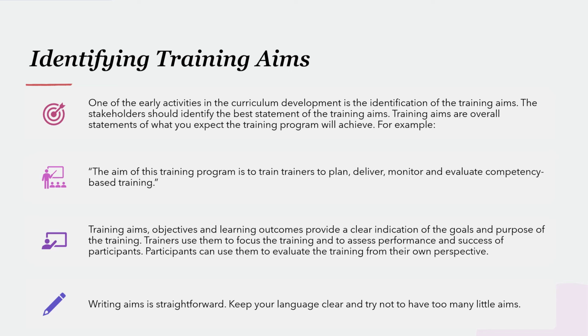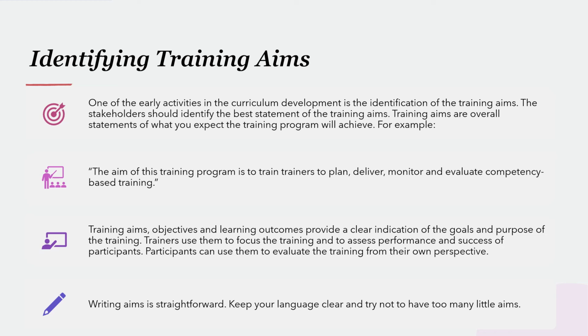So one of the early activities in the curriculum development is the identification of the training aims, wherein the stakeholders should identify the best statement of the training aims. So training aims are overall statements of what you expect the training program will achieve.